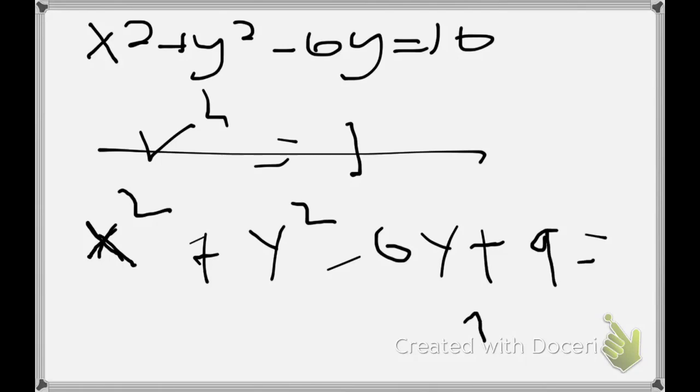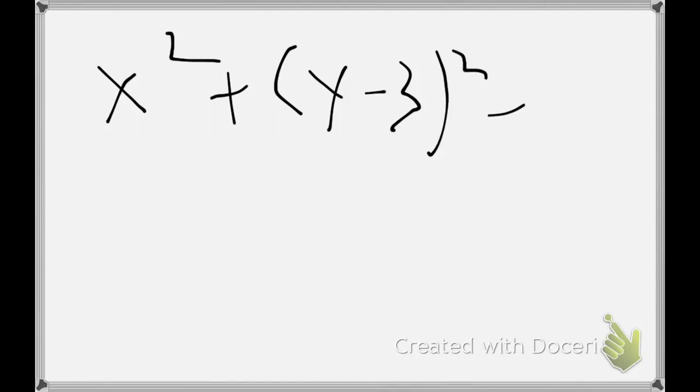It's always the first step when you have an equation in general form. Upon doing that, you get x squared plus (y minus 3) squared equals 25.